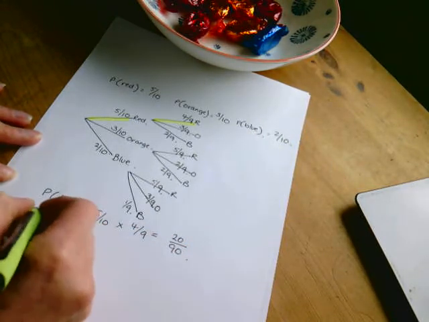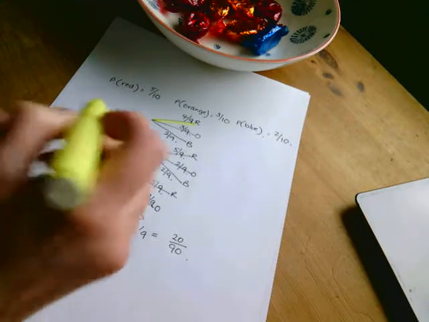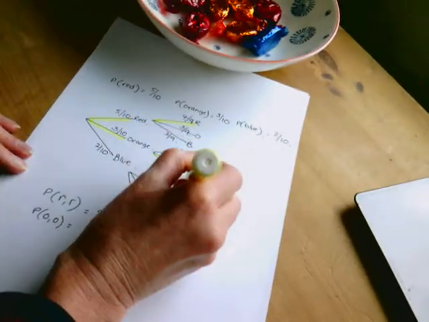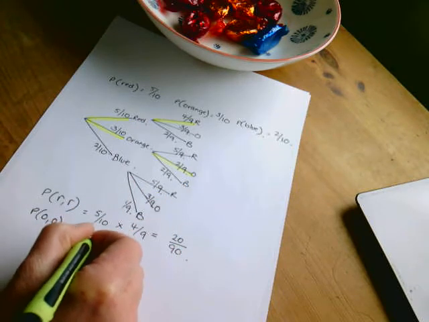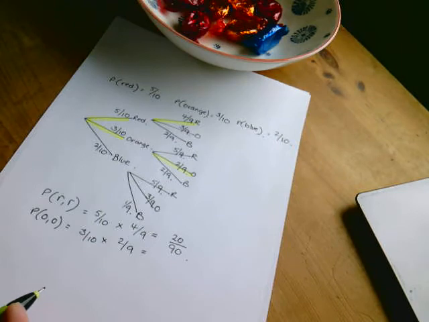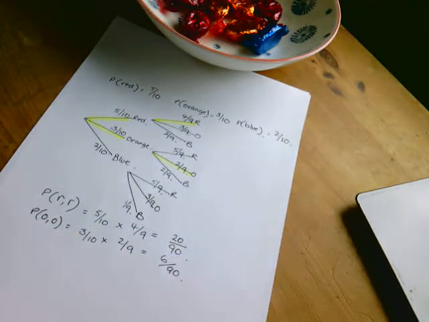Probability of orange first and orange second, orange times orange, 3/10 multiplied by 2/9. So the probability of me taking two oranges is going to be 3 times 2, 6 over 90.